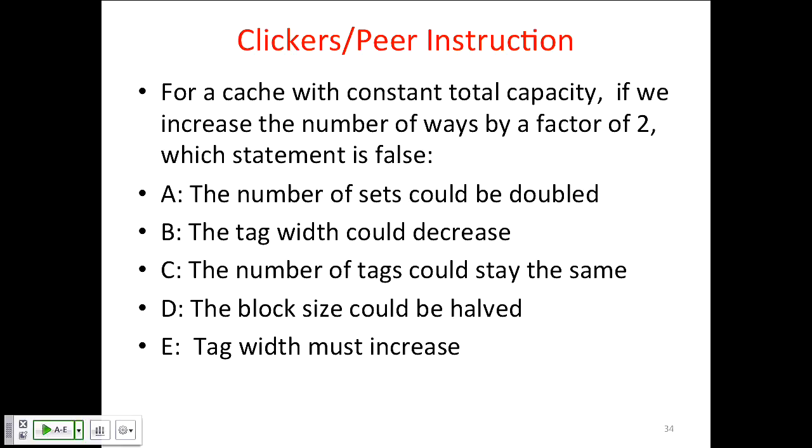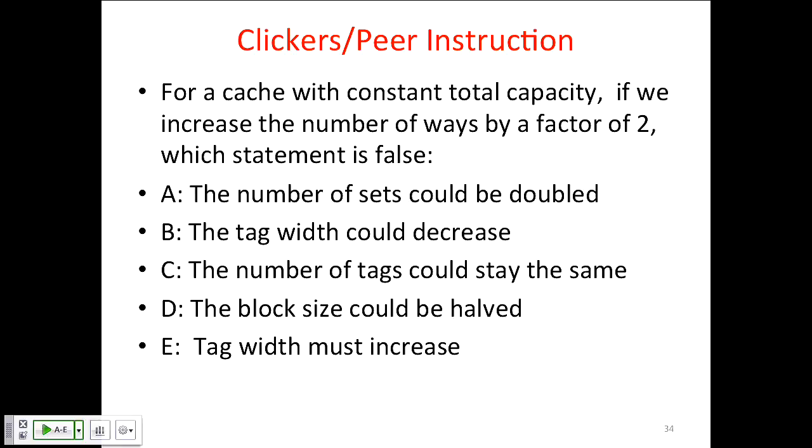How could you do that? I've increased the number of ways by a factor of 2. How am I going to increase the number of sets? What would be one way of doing that? Constant capacity. I double the number of ways, so there are more entries in each set. How can I also increase the number of sets while keeping the capacity the same?